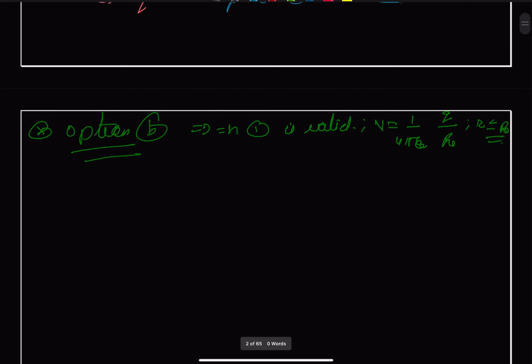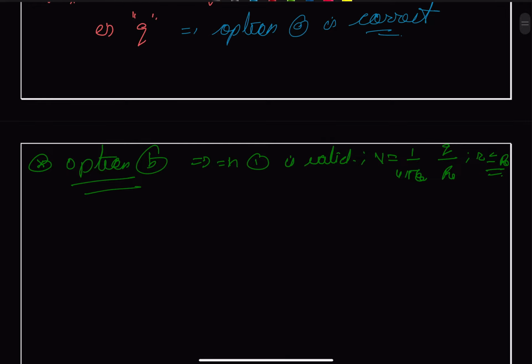And from the graph we can clearly see that our potential is constant up till R less than or equal to R naught.